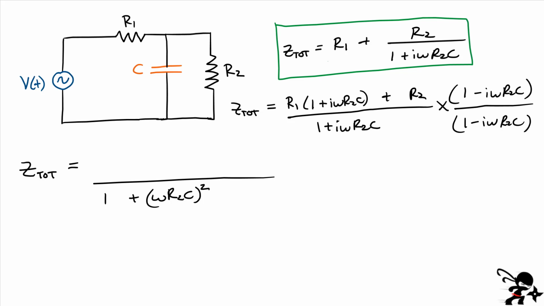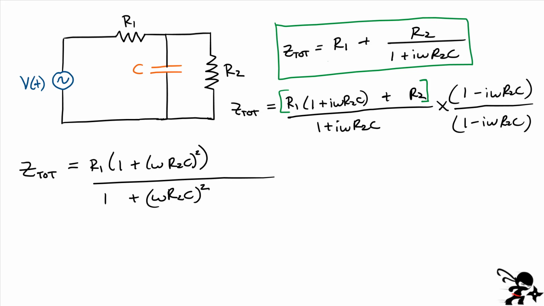Okay, now the last part here is, again, now you have to multiply. Again, I have to be a little bit careful because this really multiplies everything here. Okay, so we're going to have to multiply that through. So the first term here is R1, and then you get a similar term here of the step we just did, right? So we have a bracket, 1 plus omega R2C squared.